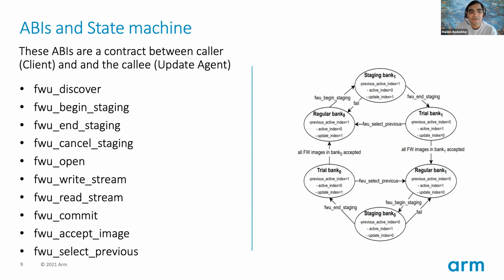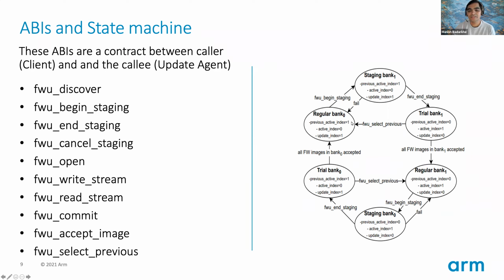The firmware update specification mainly talks about the update client present in the non-secure world and the update agent present in the secure world, and to communicate between update client and update agent, these ABIs are developed in the specification.